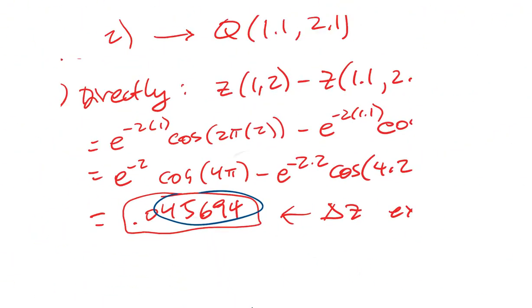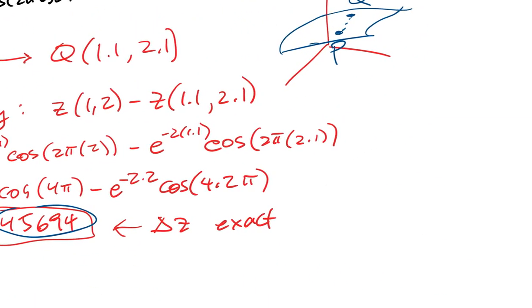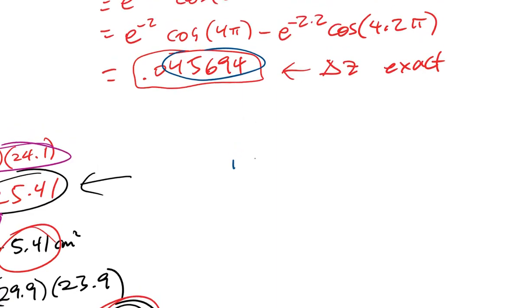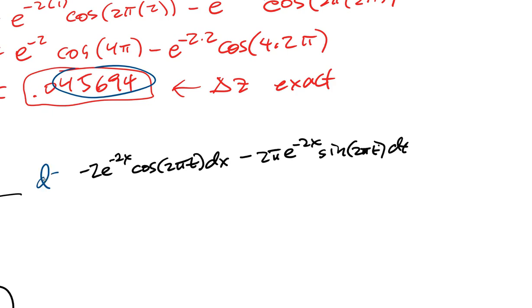Now I'll do it using the idea of partial derivatives. I've pasted dz over. I'm going to plug in the point (1, 2).